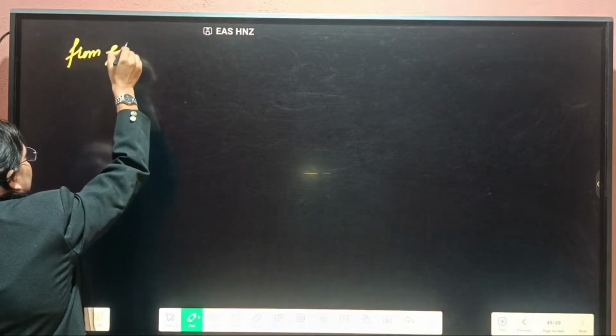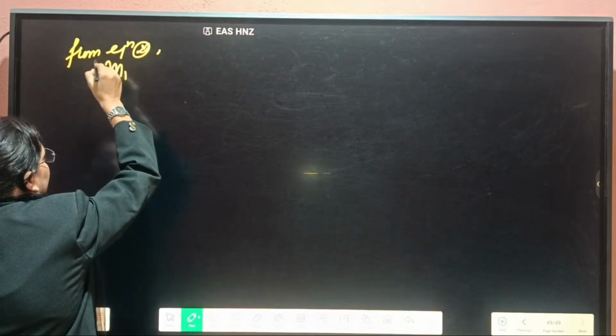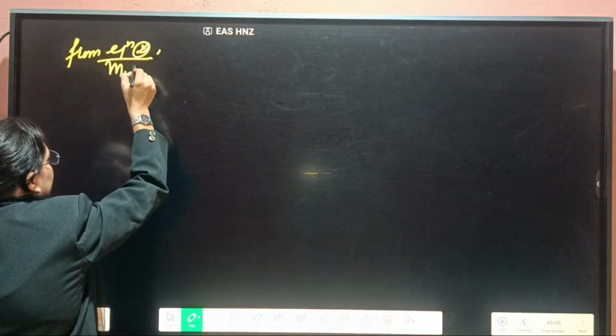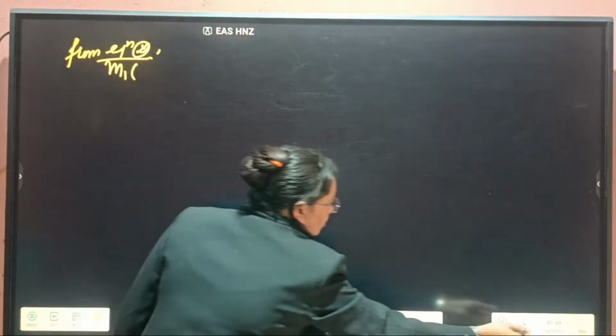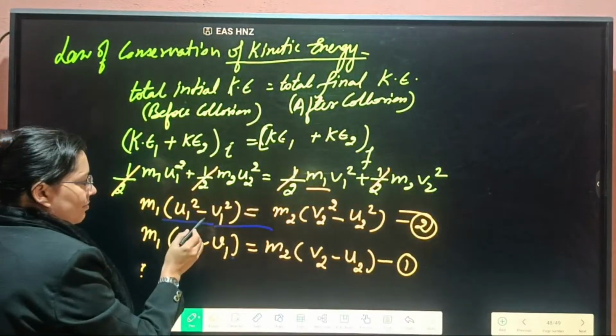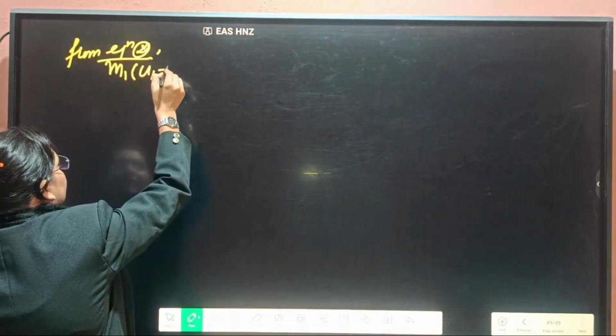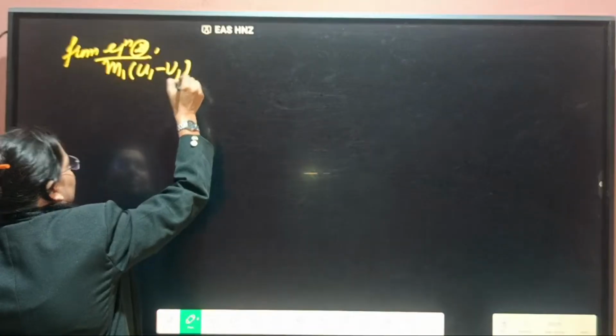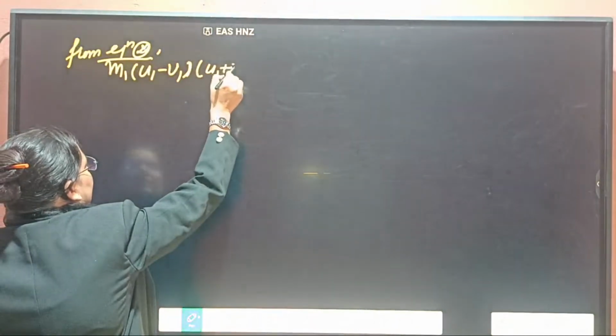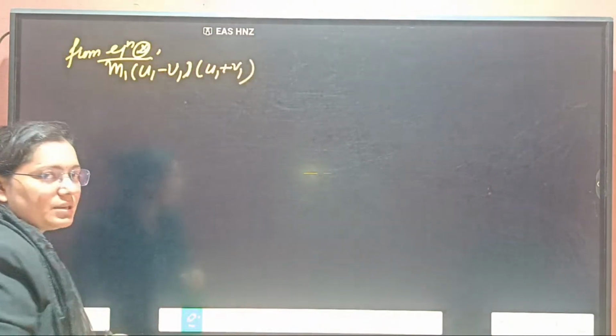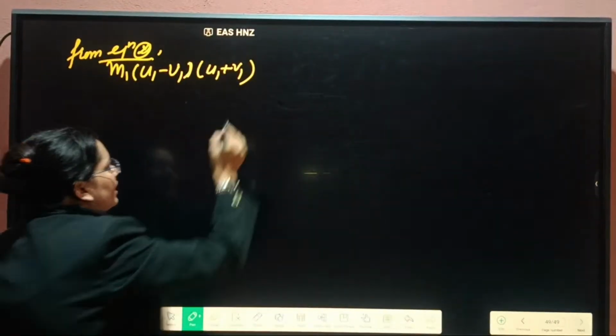From equation second, m1 u1 minus v1, then u1 minus v1, u1 plus v1, a plus b, a minus b, this one formula we are opening.